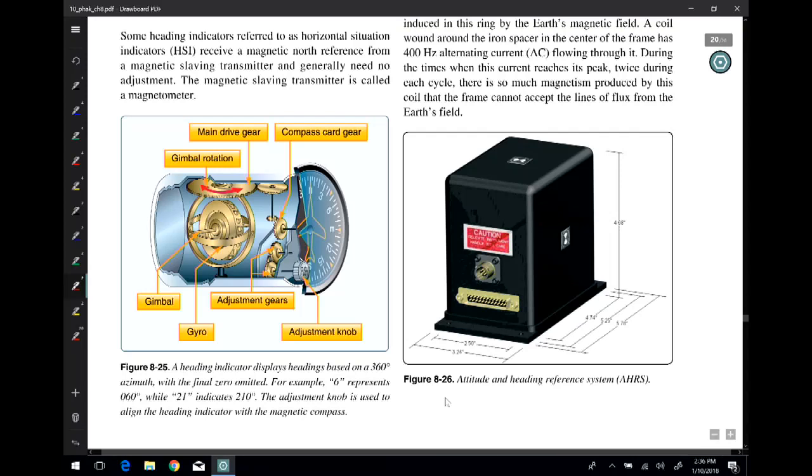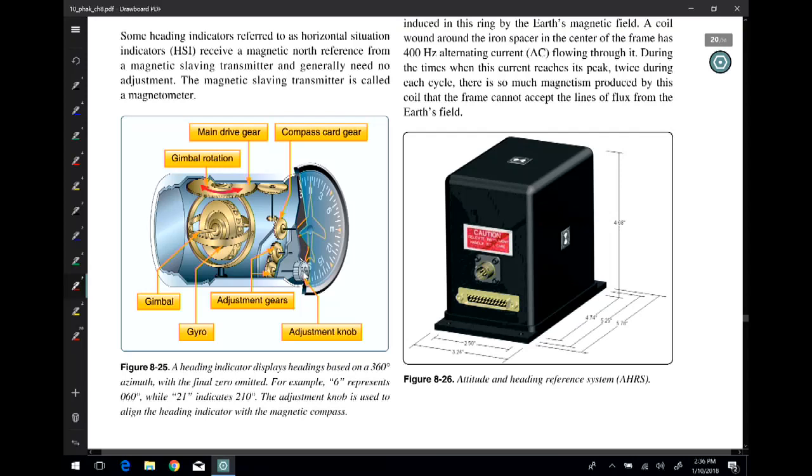Remember on the old-fashioned heading indicators, about every 10 to 15 minutes, you had to take that adjustment knob and adjust that heading to your compass. And you need to do that when you're in level flight, because otherwise we have some compass turning issues and dip issues that are also at play. So there are times that you don't want to make those adjustments.